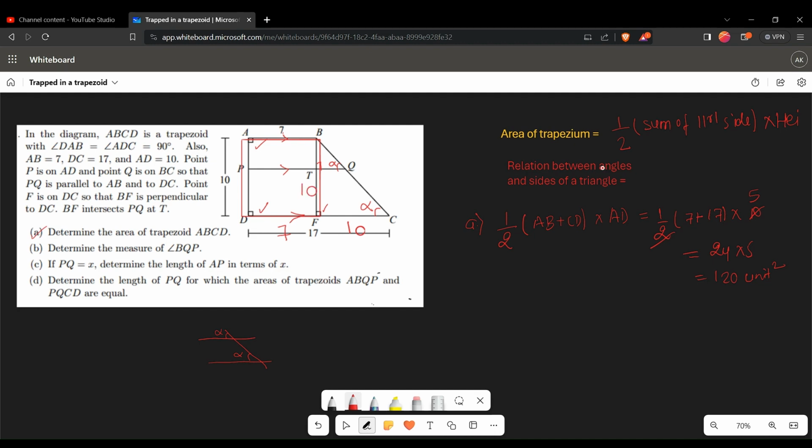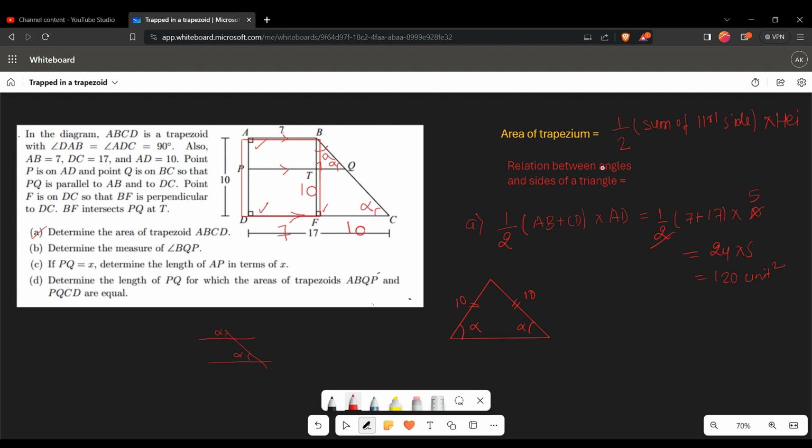And in a triangle when we have equal sides, like it's an isosceles triangle, if this side is 10 and this side is 10, both these sides are equal, implying both these angles will also be equal. So if this is alpha, this will also be alpha.